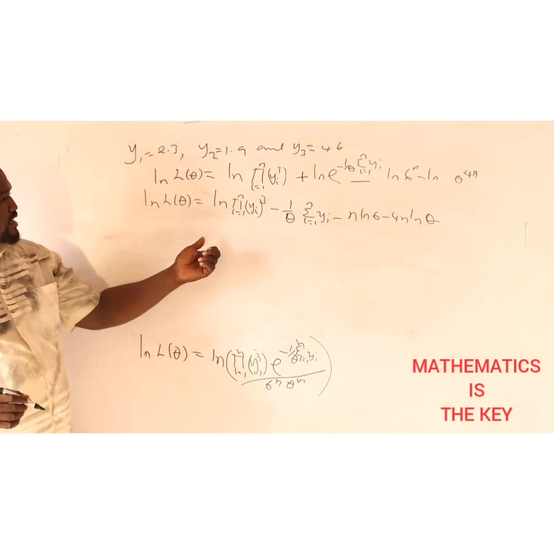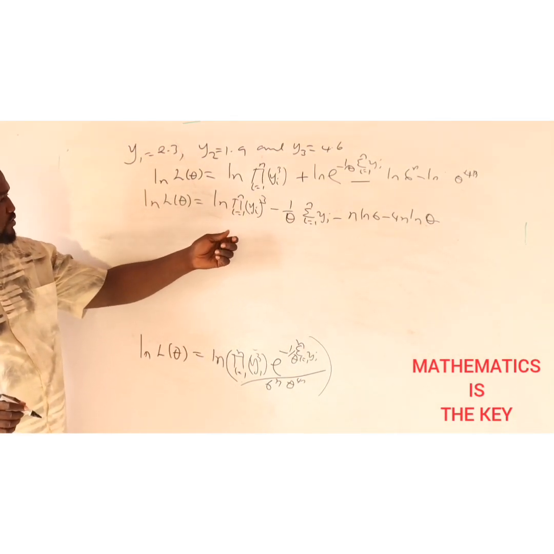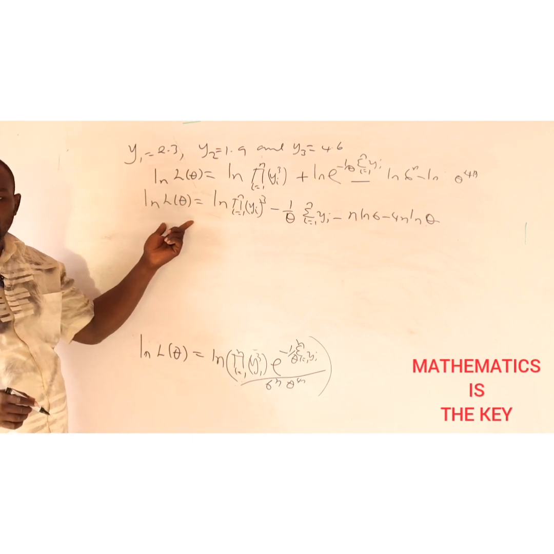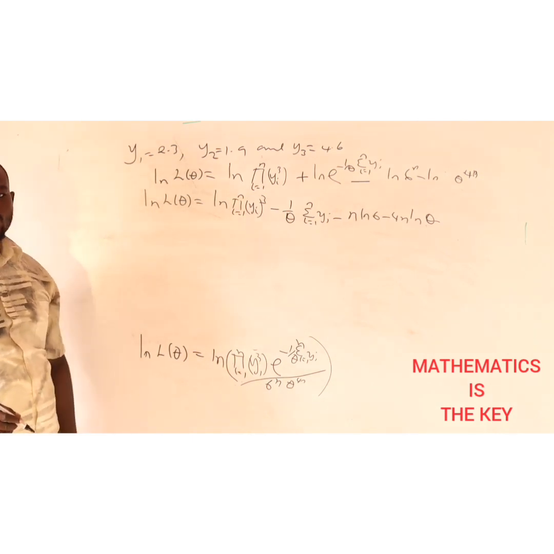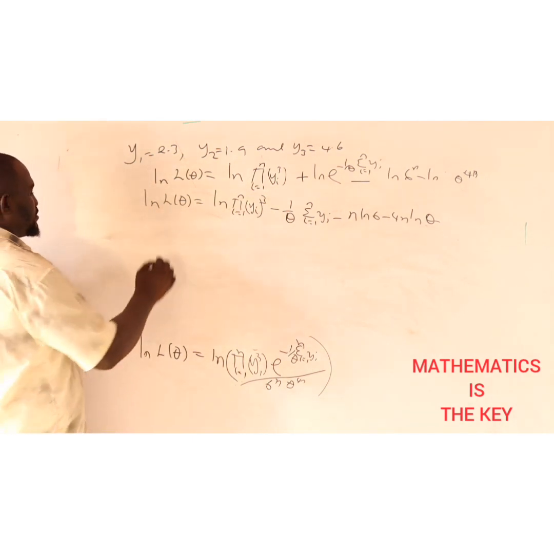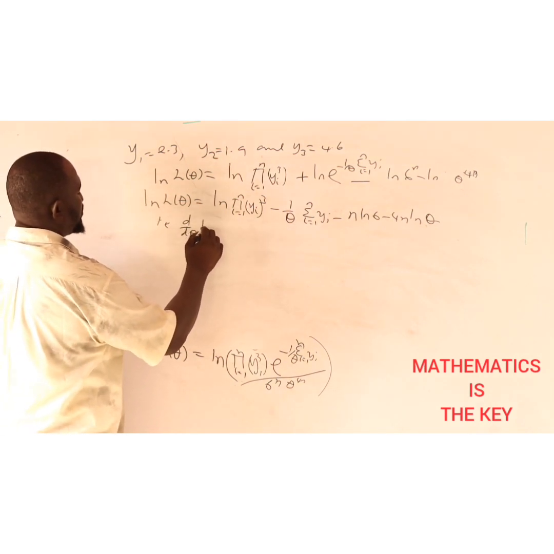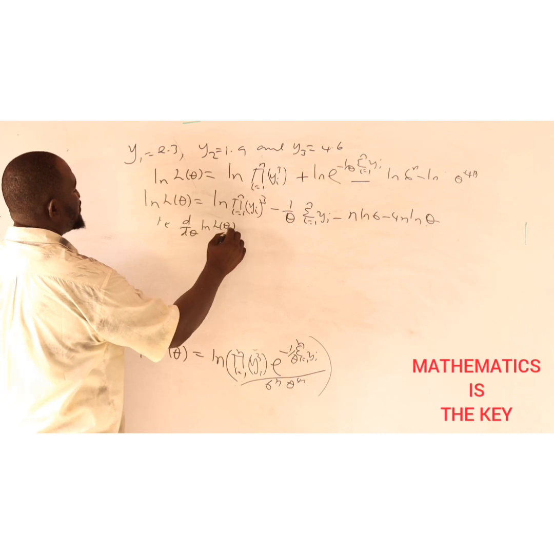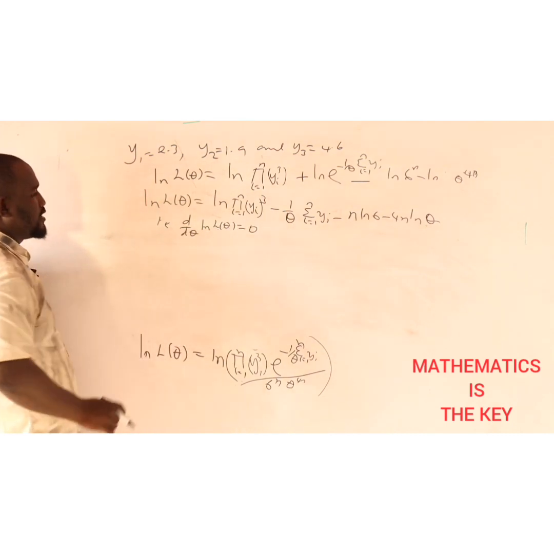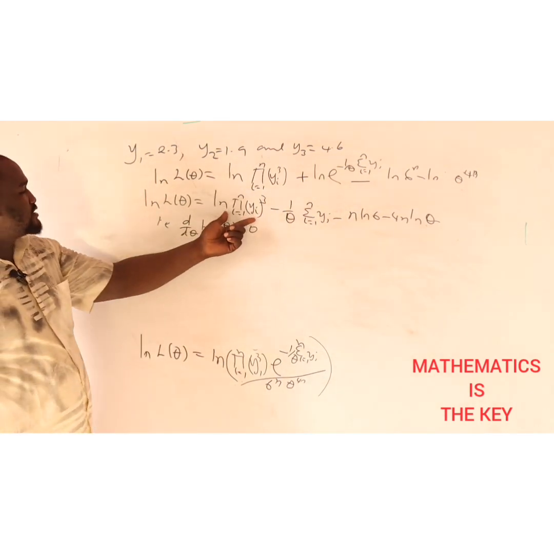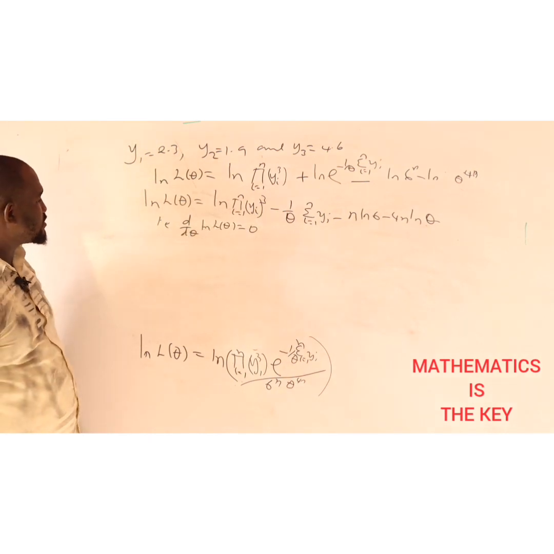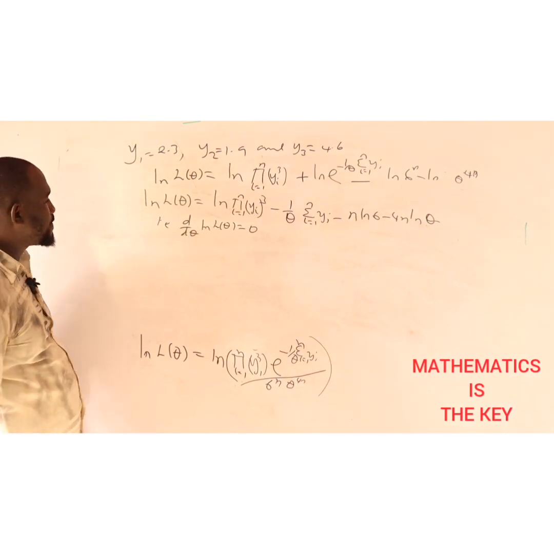Now, to find the maximum likelihood estimator, we differentiate both sides with respect to theta and equate to 0. We have d by d theta of ln of the likelihood function equal to 0. This is a product, this is a constant, it does not contain theta, so the derivative is 0.